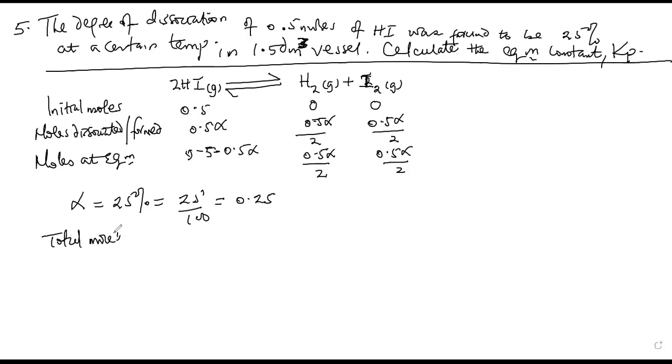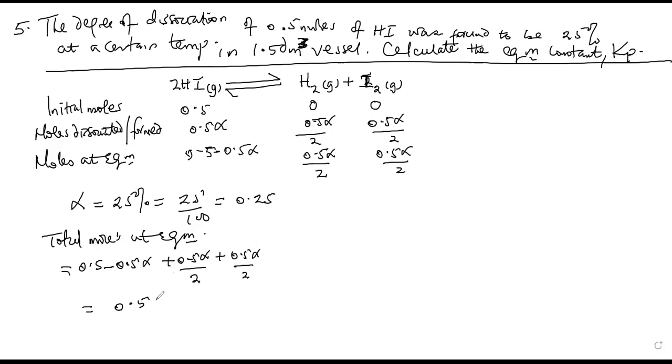Total moles at equilibrium will be equal to 0.5 minus 0.5 alpha, plus 0.5 alpha over 2, plus 0.5 alpha over 2. Adding 0.5 alpha over 2 plus 0.5 alpha over 2, the whole thing reduces to 0.5.